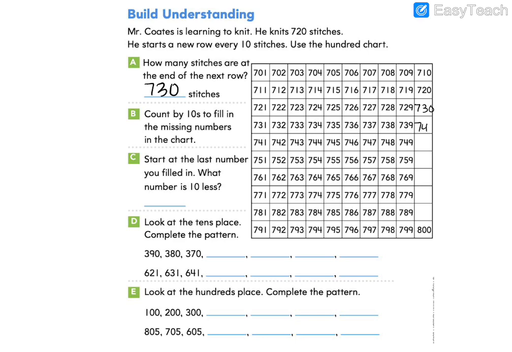You should have had 740, 750, 760, 770, 780, and 790. Letter C says start at the last number we filled in, which was 790. What number is 10 less? You should have said 780 is 10 less than 790.